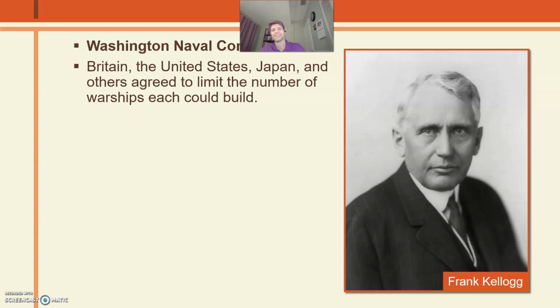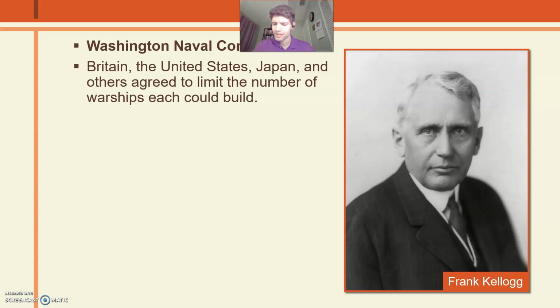Well, these three countries, these are the big countries of the world, they're gonna show an example of disarmament and say, listen, we're gonna put down some of our weapons. Not all, but some. Look at what they agreed to. This is on page 458.